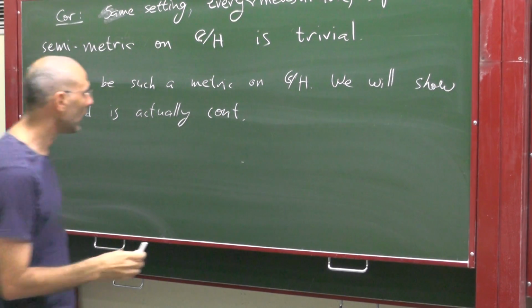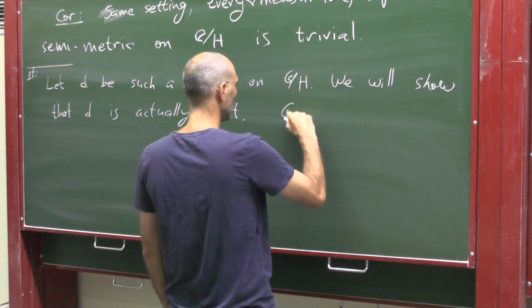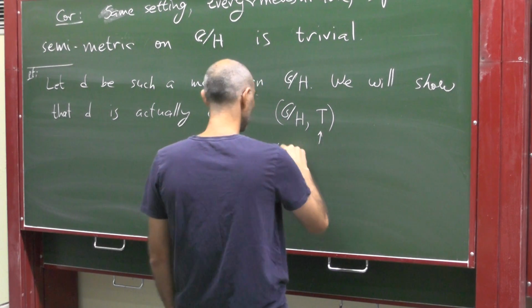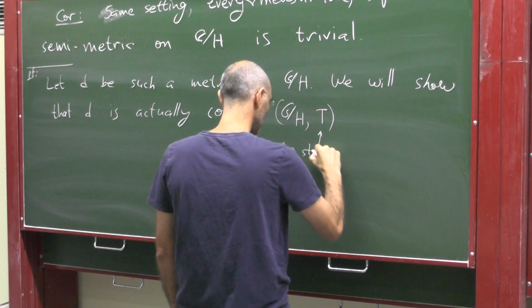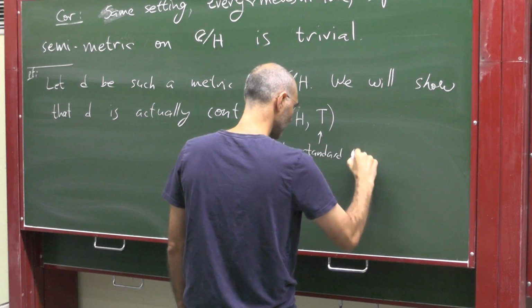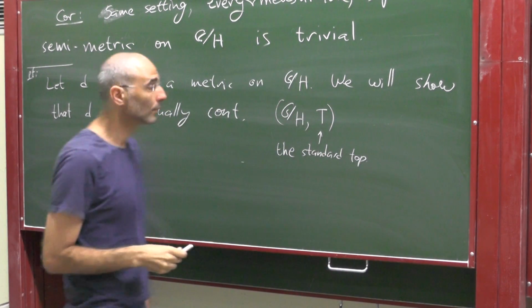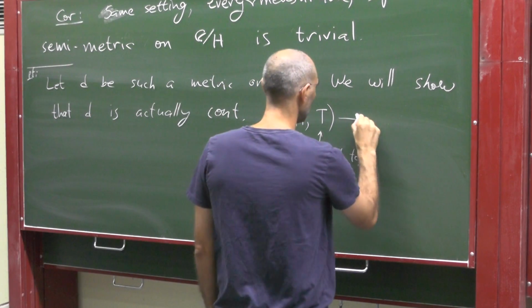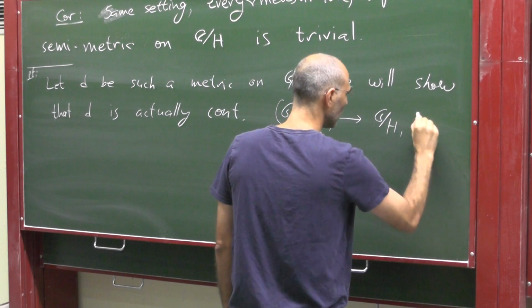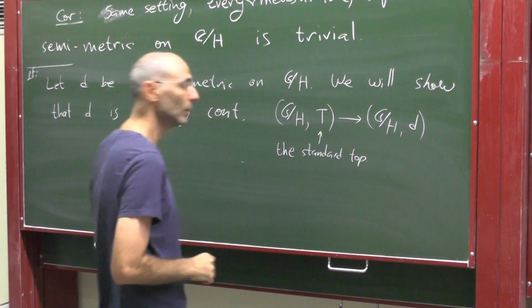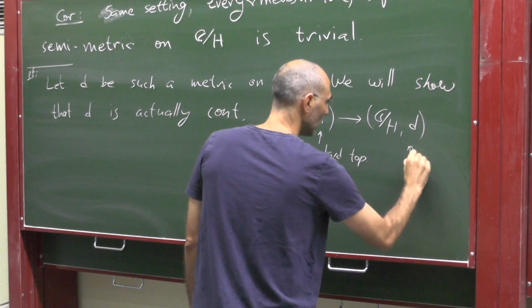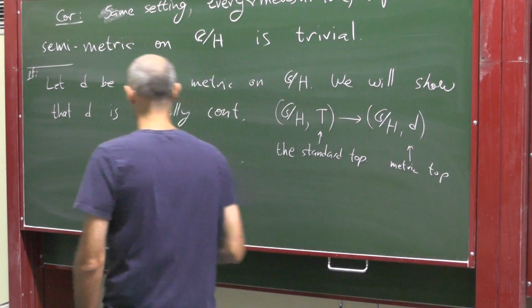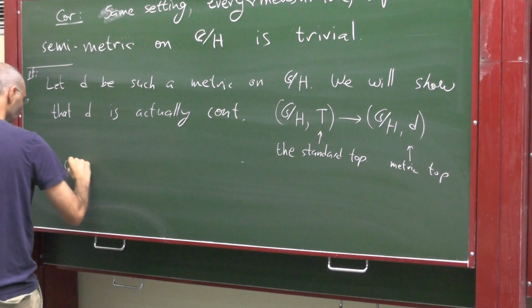So actually we will show that the map from G mod H with T, the standard topology, to G mod H with the metric topology D, is continuous.